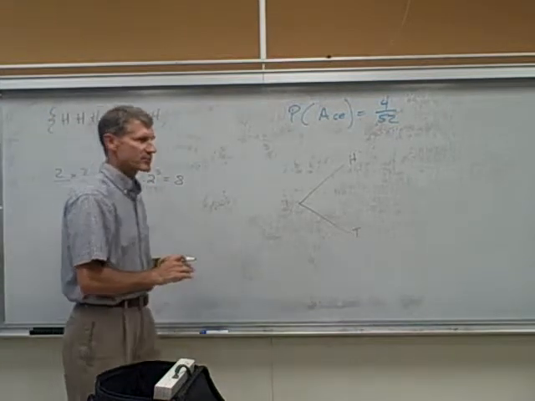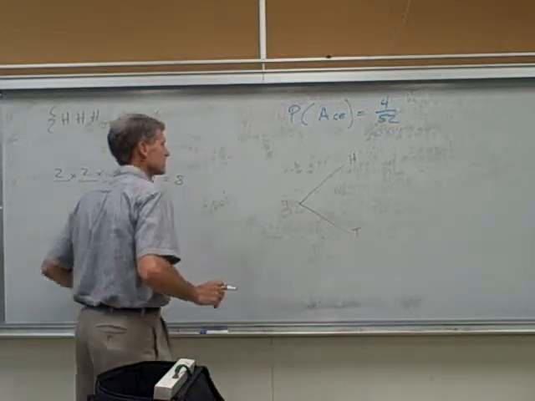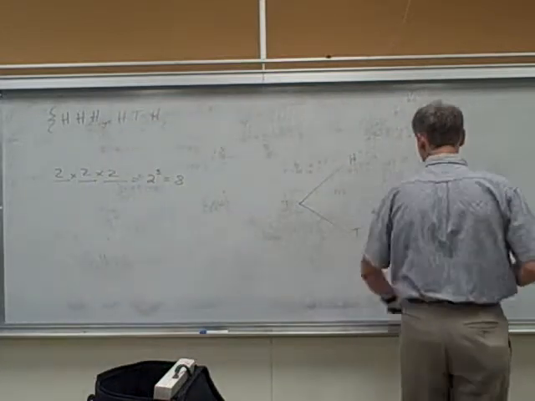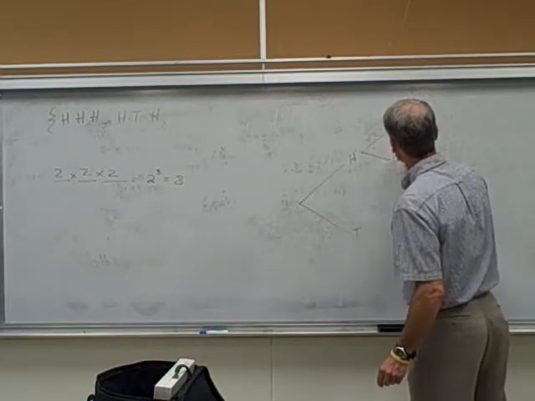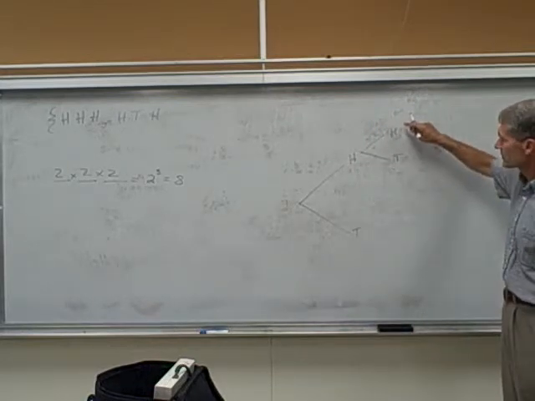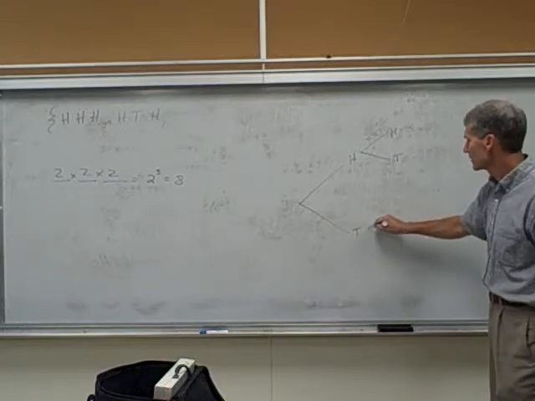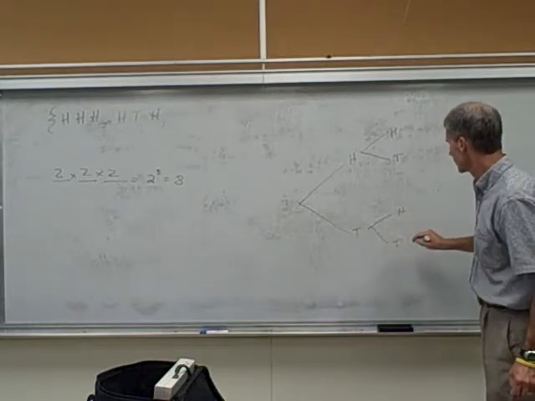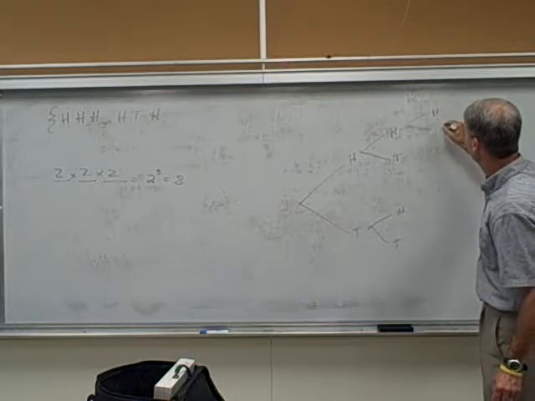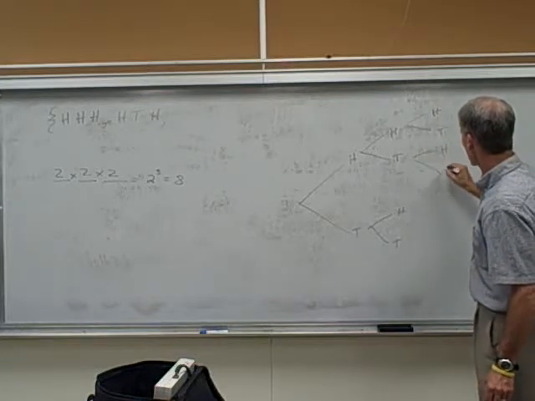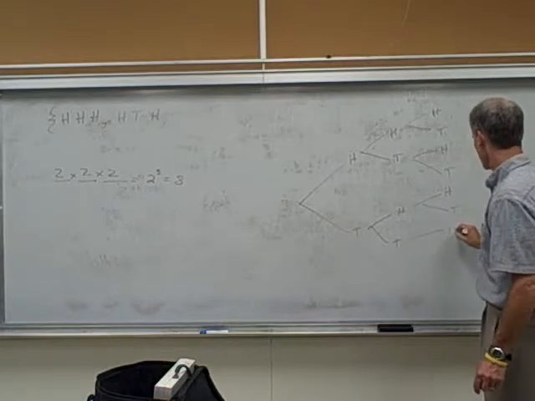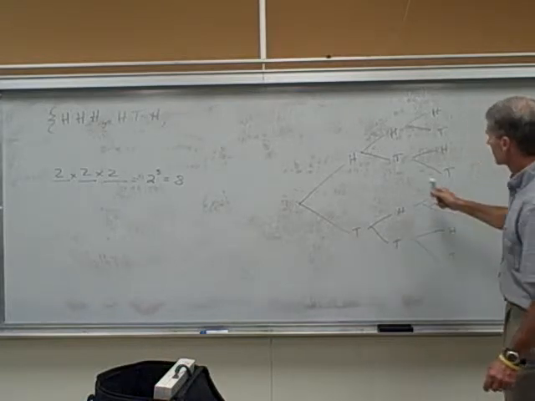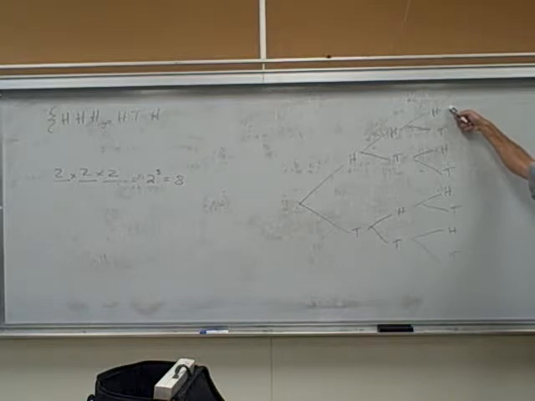Well, a tree diagram is a way to summarize this. If you got heads on the first flip, then you can still get heads or tails on the second flip, and so on. So you can represent every element in the sample space as a branch on this tree. The top branch is HHH.